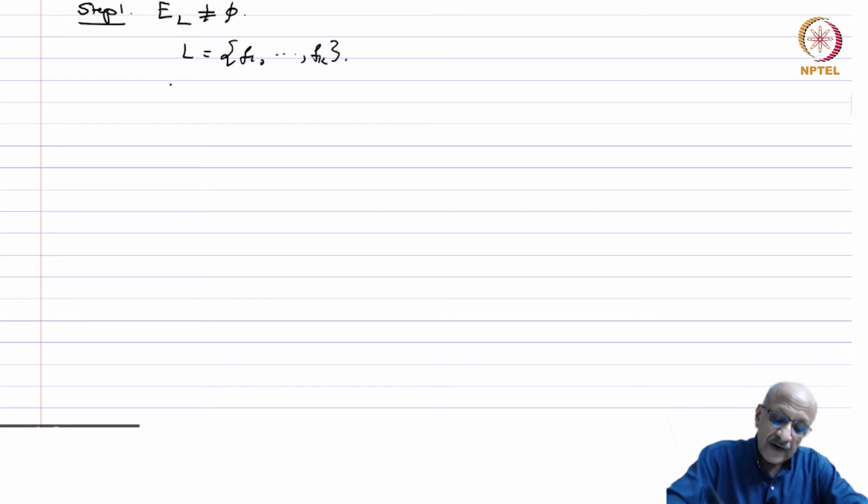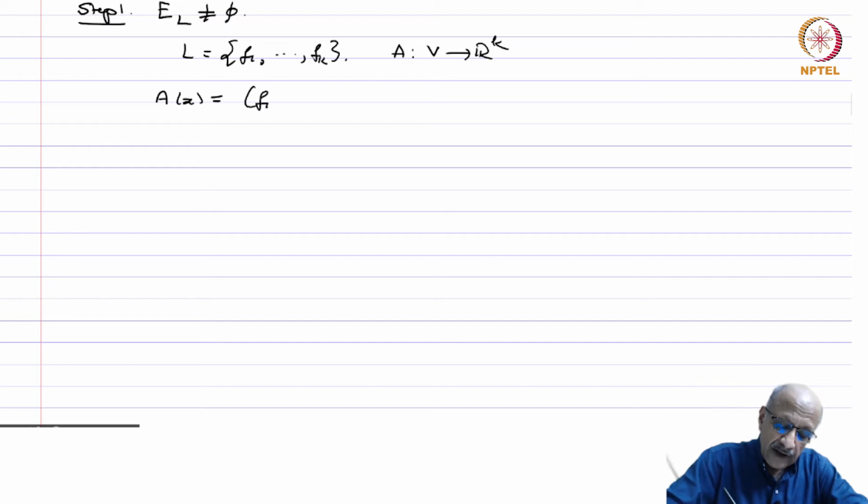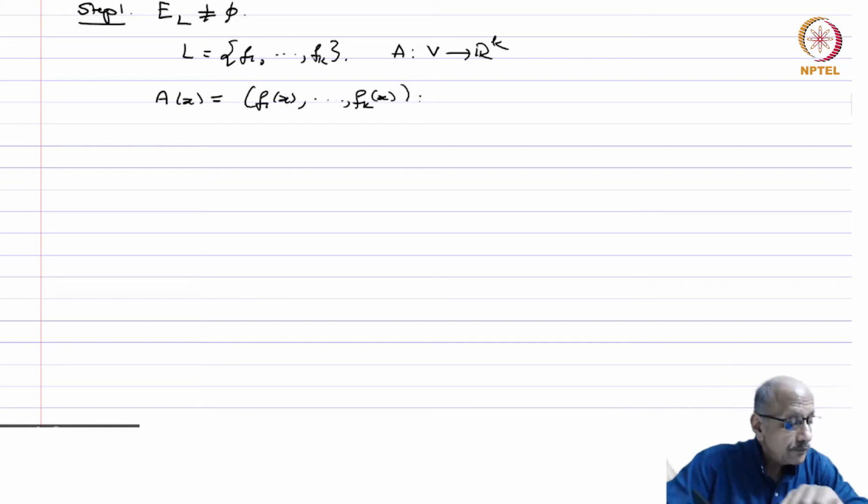Now I am going to define A from V to R^k, a linear map, A of x equals (f_1 x, ..., f_k x). So A is obviously continuous because each of these coordinates is continuous. So A is continuous linear.